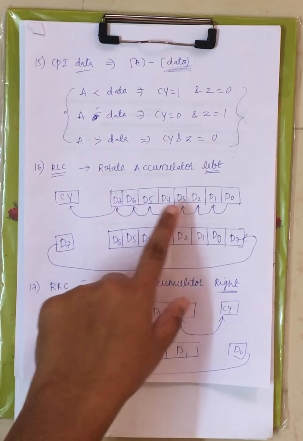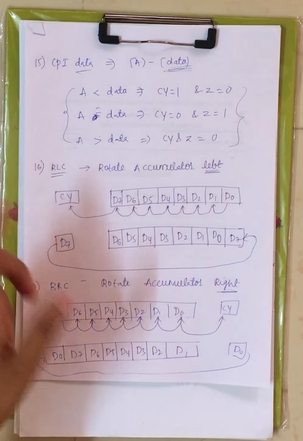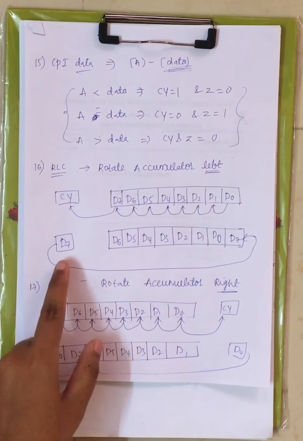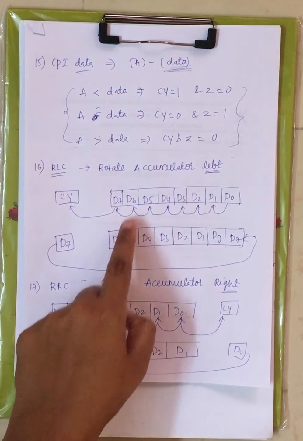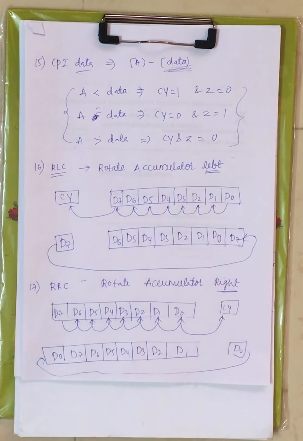Upon RLC you will get the result like this: D7 is shifted one bit to the left side, and here you will get D6, D5, D4, D3, D2, D1, D0, and the last bit is rotated, right?